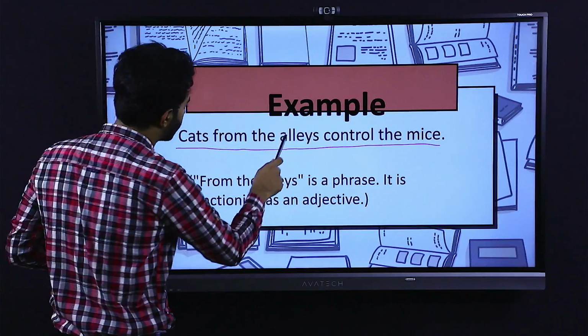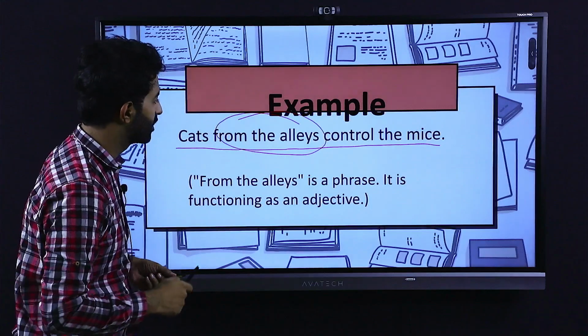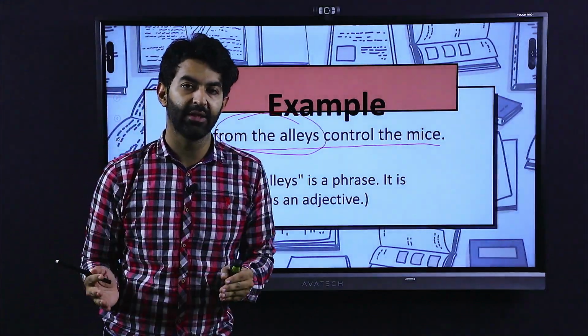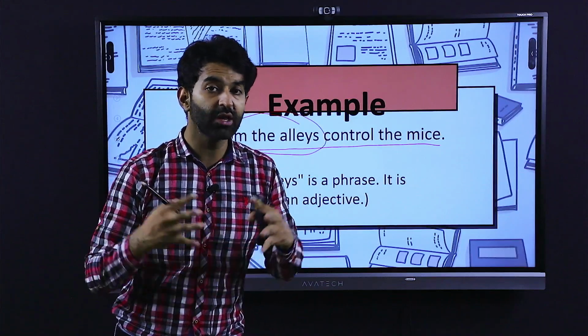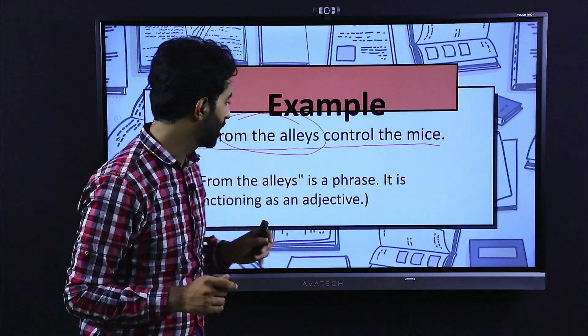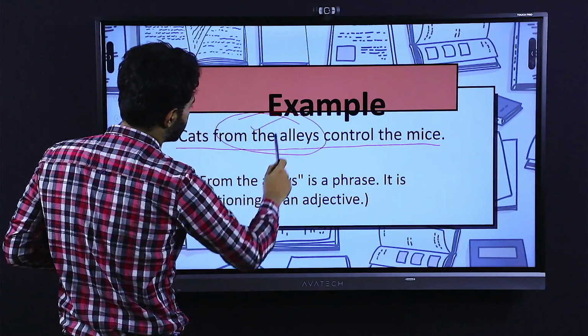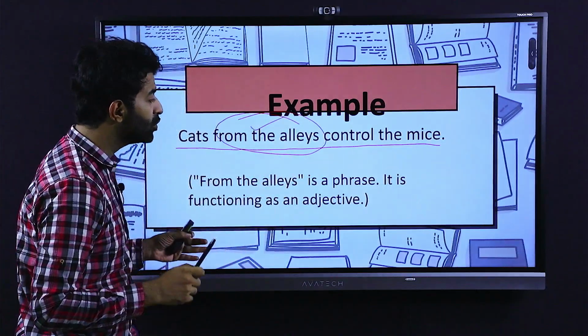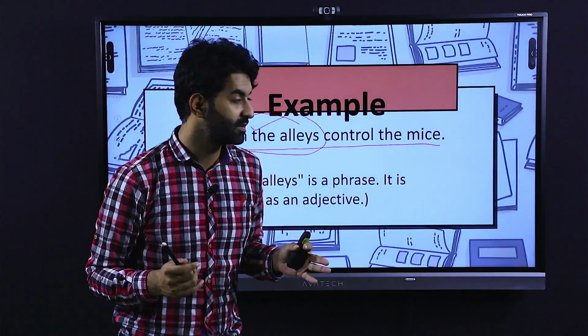Here, from the alleys, this is a phrase. It's a group of words, it's acting as a phrase, not giving complete sense, but it does make some kind of sense. And here, this phrase is being used as an adjective. Why and how? Let's see.